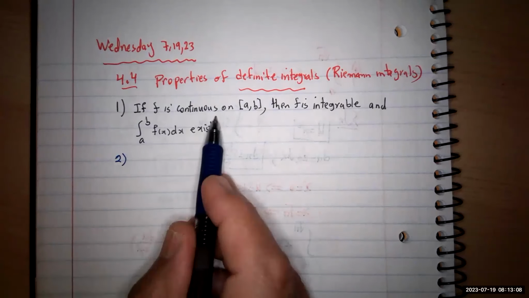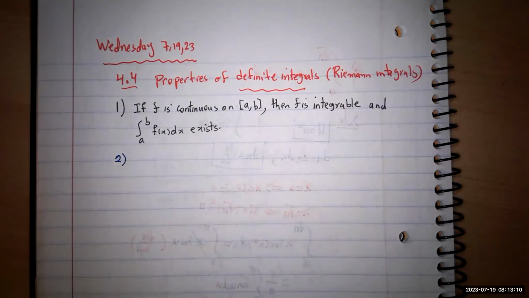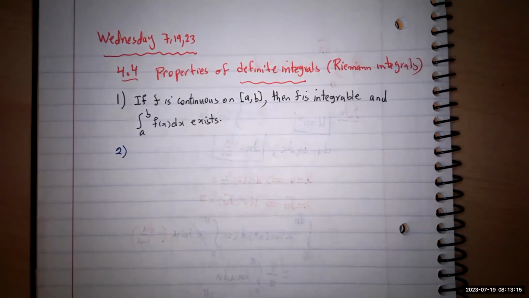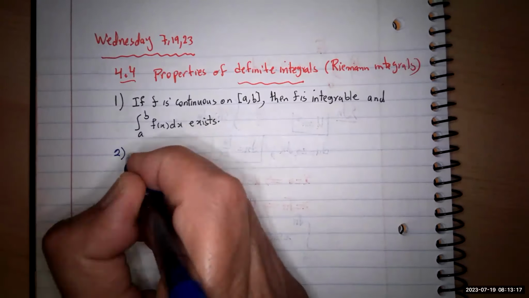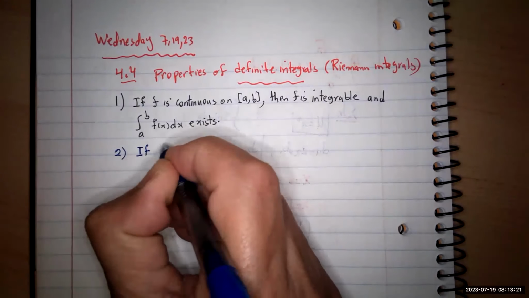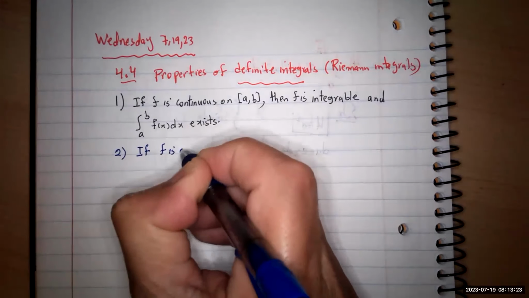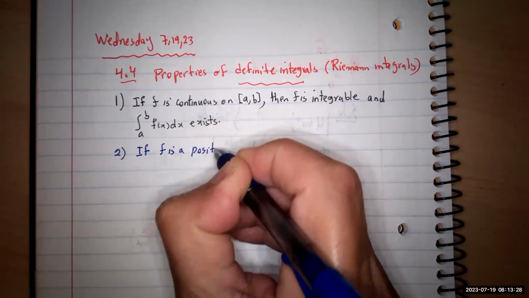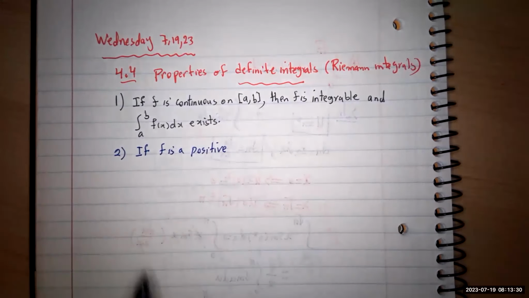if this function is continuous and is also positive, then this integral can be interpreted as the area under the curve. So if f is positive, or non-negative, because when we talk about area it cannot be a negative number.